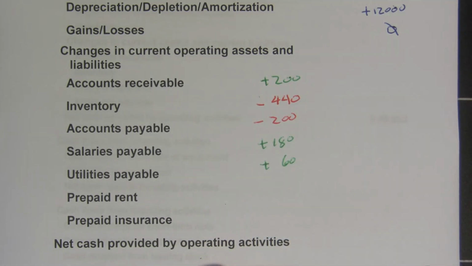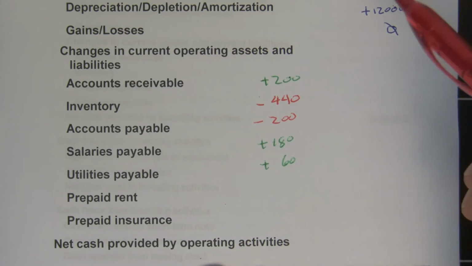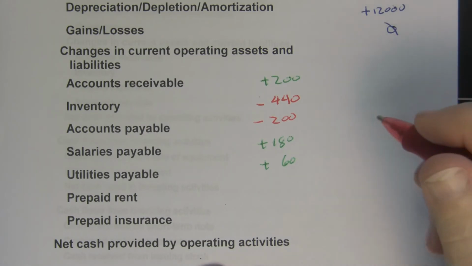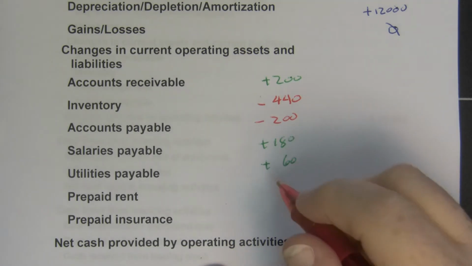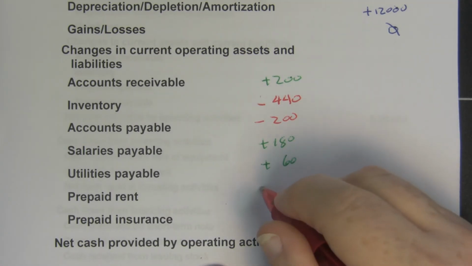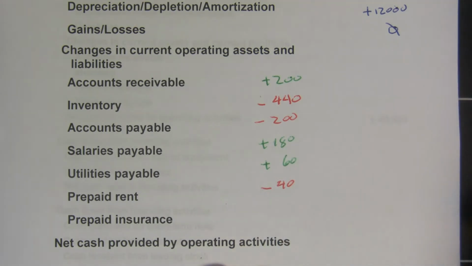And then we have our two prepaids. We have prepaid rent and prepaid insurance. Our prepaid rent went up by $40, so our cash had to go down by $40. Excuse me, not $40,000. And a decrease in prepaid insurance. Our insurance expense this year included $20 that we paid in a previous year.